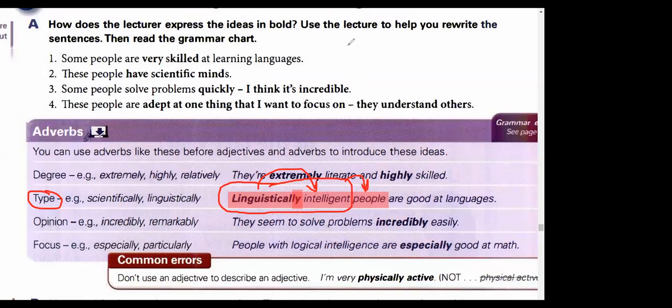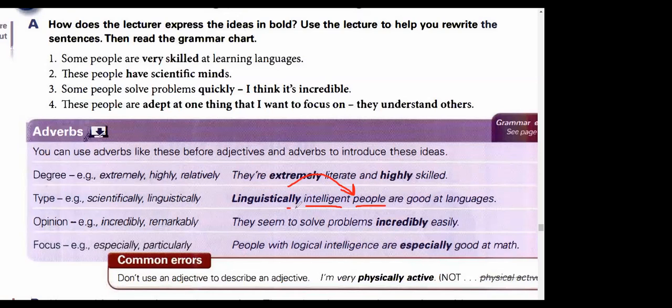But why do we have it separate? Why not linguistical people? If you don't have this right here, and you put this together without an adverb, only an adjective, linguistical people. But now you have an adjective with intelligent, and because you have an adjective right here, this needs to be an adverb.